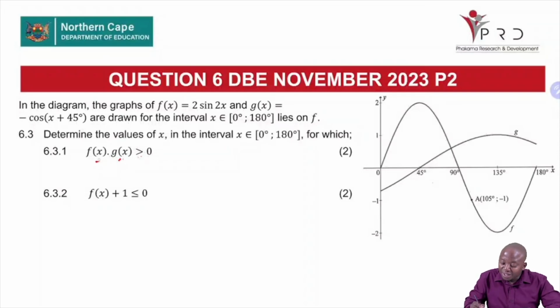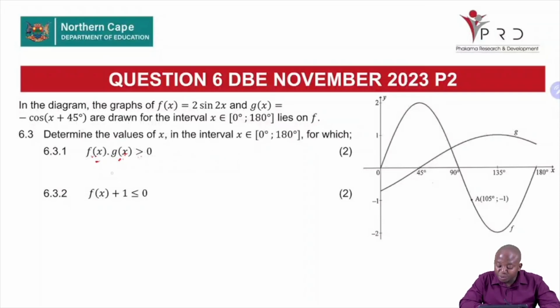We will get it when we multiply a positive and a positive, and we multiply a negative and a negative. So negative and negative, positive and positive will give us greater than 0. So greater than 0 means where when I multiply them, I'll get a positive value.